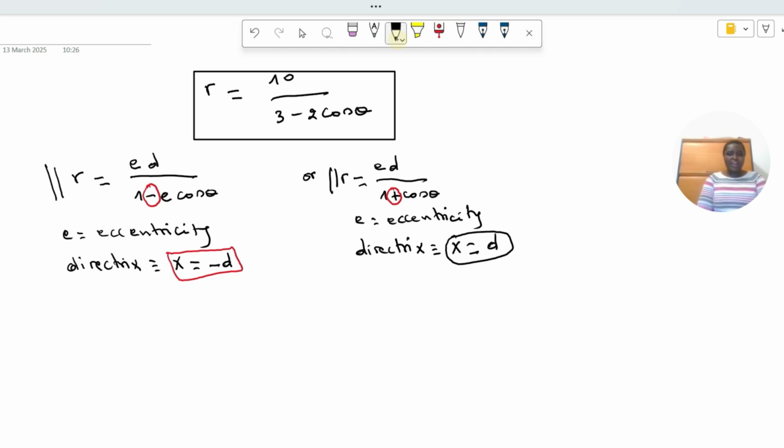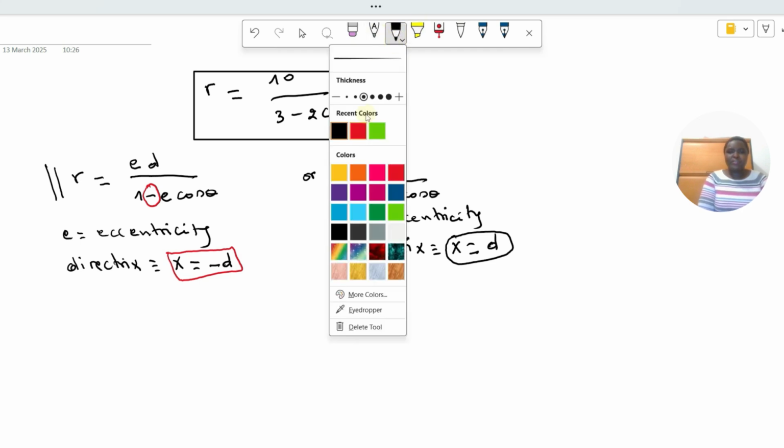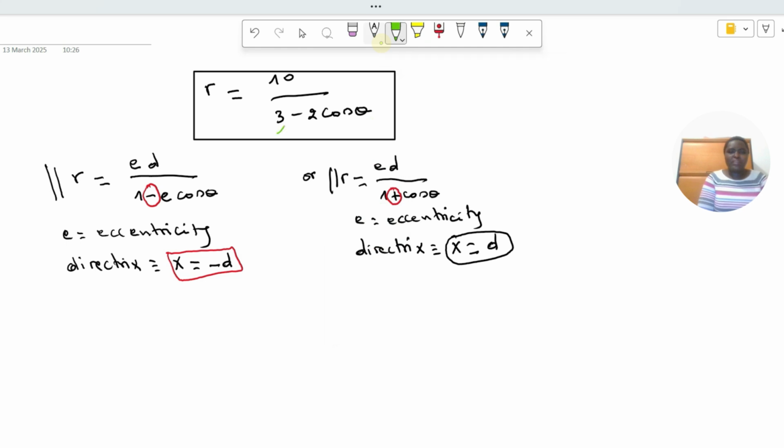So what do we have to do in our question? If we come back to our question, let me take another color, instead of having 1 here, we have 3. So we have to transform this question so that we will have 1 at this level.